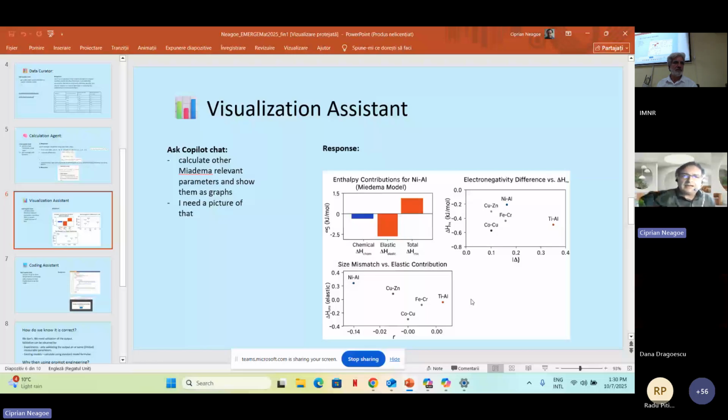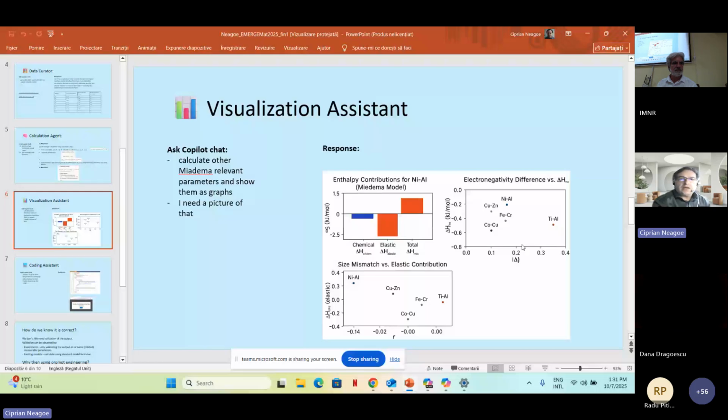You have data and you want to visualize them, and if you really know what to do with them and have enough time, you can plot them yourself with Excel or other performant graphic applications. But you can also get some pre-visualizations, let's say, from Copilot.